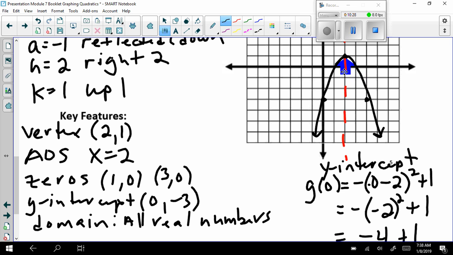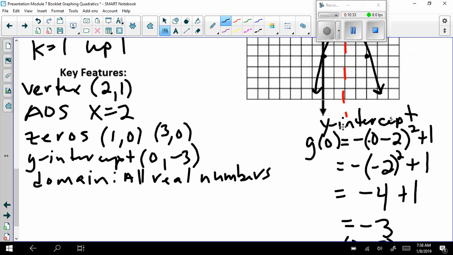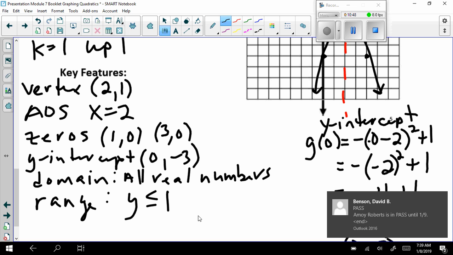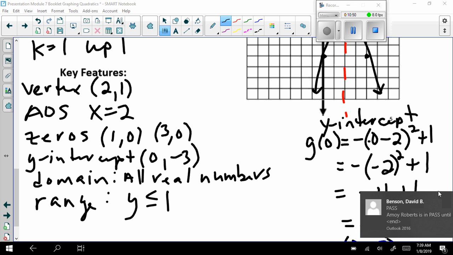So that means my vertex is a max. So my y value is 1. So all my y values are less than or equal to 1. Because my parabola opens down, my vertex is a max. So my range is y is less than or equal to 1.